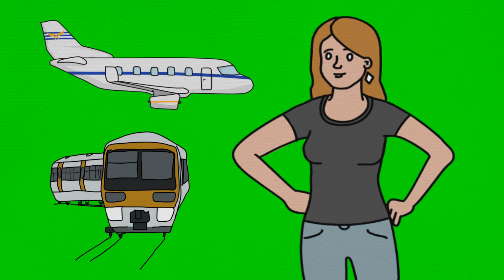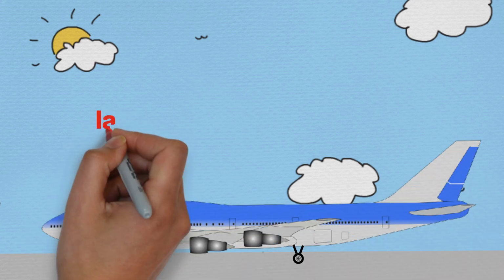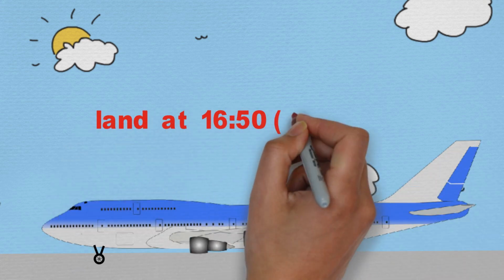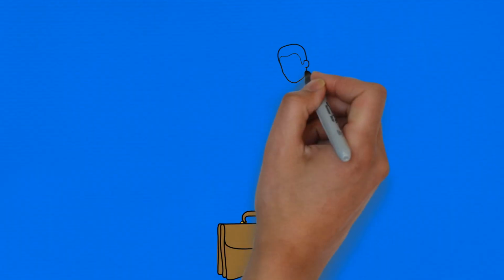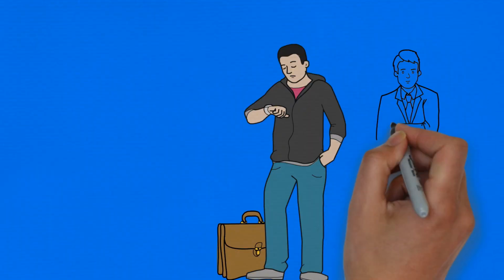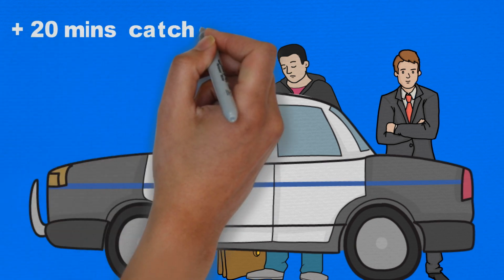While the twins and their mum waited at home, their dad's plane landed right on time at 16:50. That is 4:50 p.m. or 10 minutes to 5 in the afternoon. It took him 20 minutes to leave the plane, have a quick snack, and find a taxi to come home.